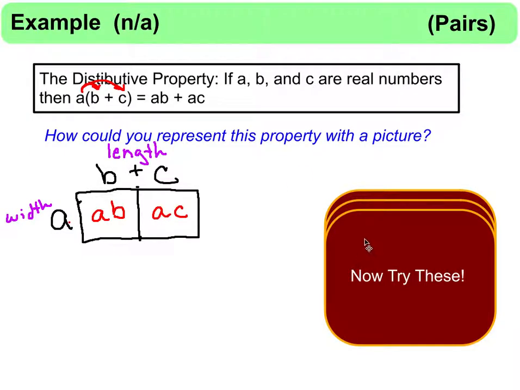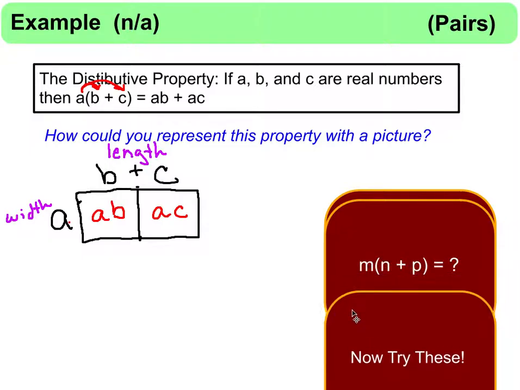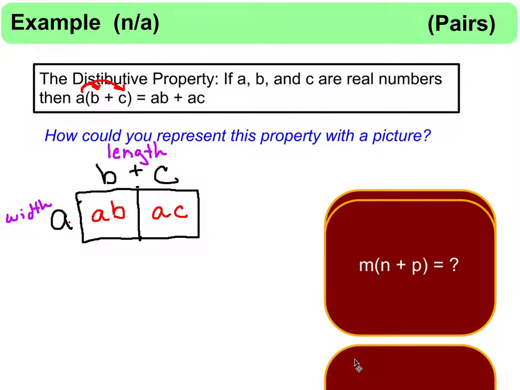After the teacher models this, they'll encourage the students to try a few on their own. What if we gave you M times N plus P? What would that given picture look like as a model? So again, we're encouraging the students to go back and look at what the teacher modeled in class, and note that we have M by itself on the outside, N plus P, very similar to what was there.